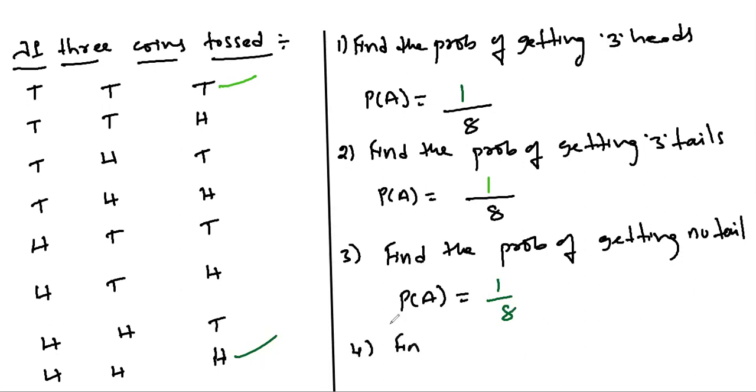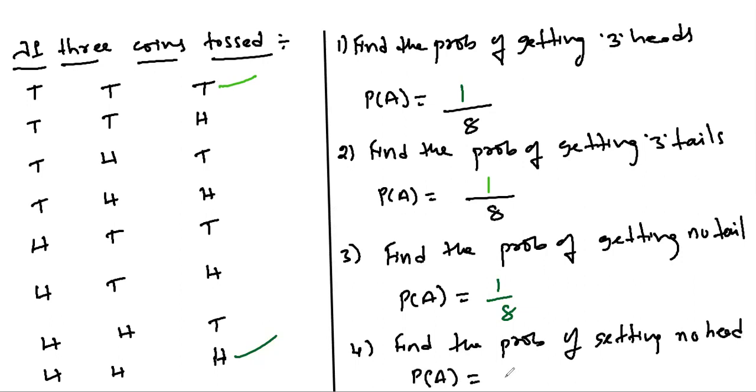Next, find the probability of getting no head. So P of A is equal to 8. No head means 1 only again.